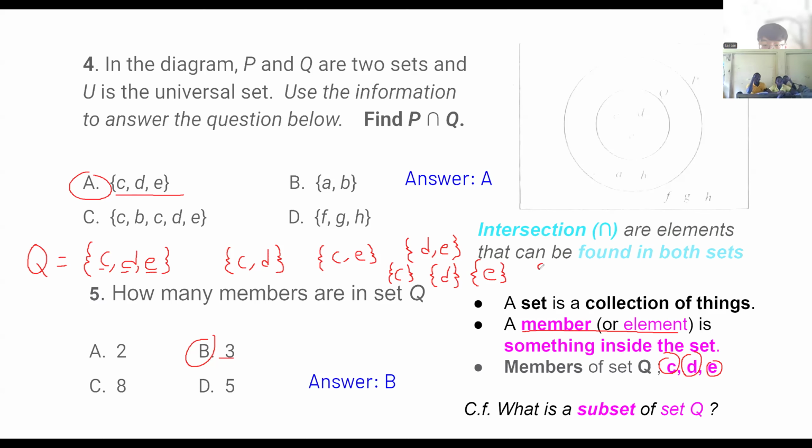So C, D, E can also be a subset of Q. And nothing inside the set is also a subset of set Q. So a subset is a set that can be formed by the members inside the set Q. Any combination of C, D, and E.